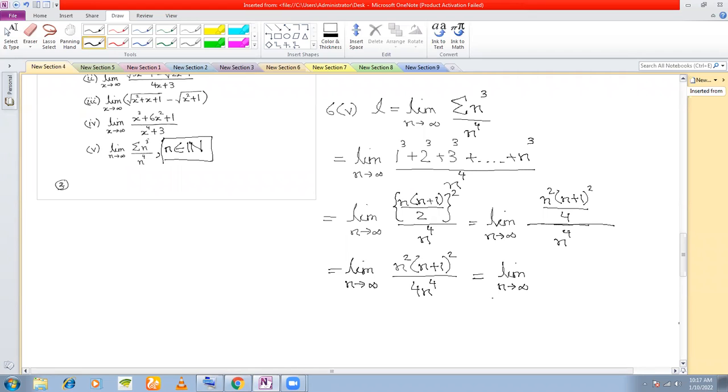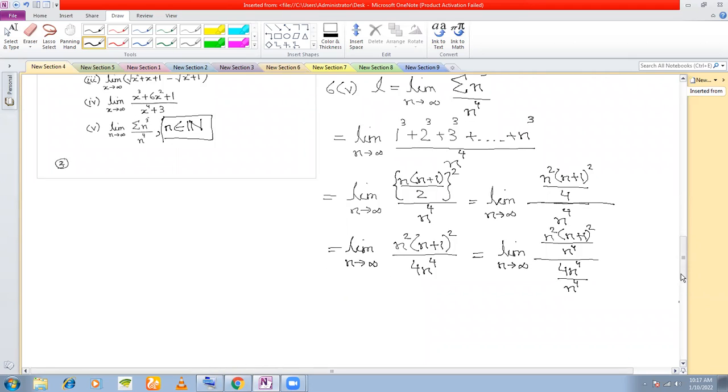And what is the greatest of the two? It is 4, right? So you divide the numerator and denominator by n to the power of 4. So n square into n plus 1 square by n to the power of 4, divided by 4 n to the power of 4 divided by n to the power of 4. Okay.